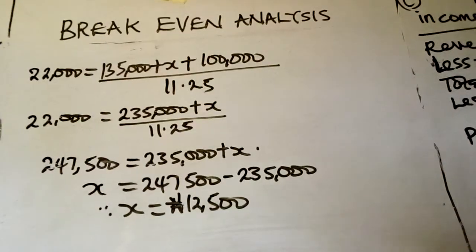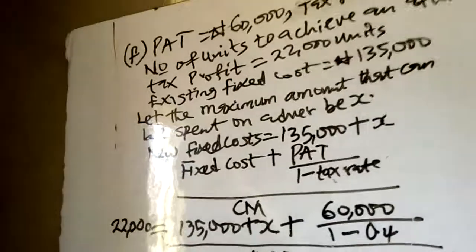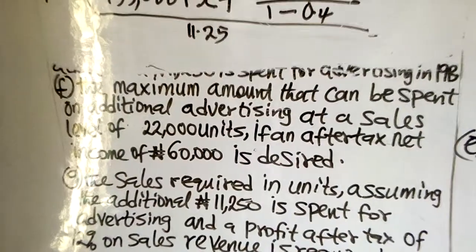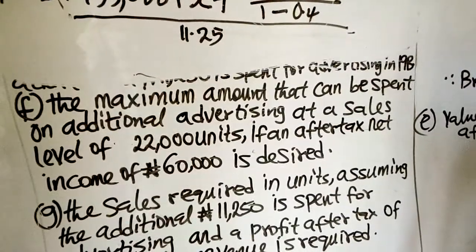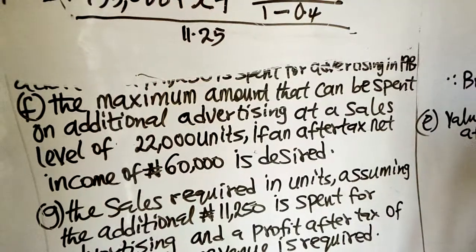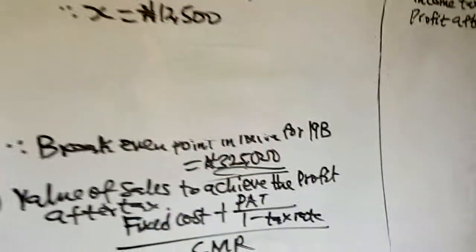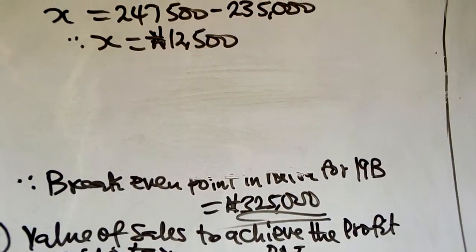So, the maximum amount based on requirement F, the maximum amount that can be spent on additional advertising at a sales level of 22,000 if an after-tax net income of 60,000 is desired is 12,500. So that is the maximum amount that can be spent on advert.